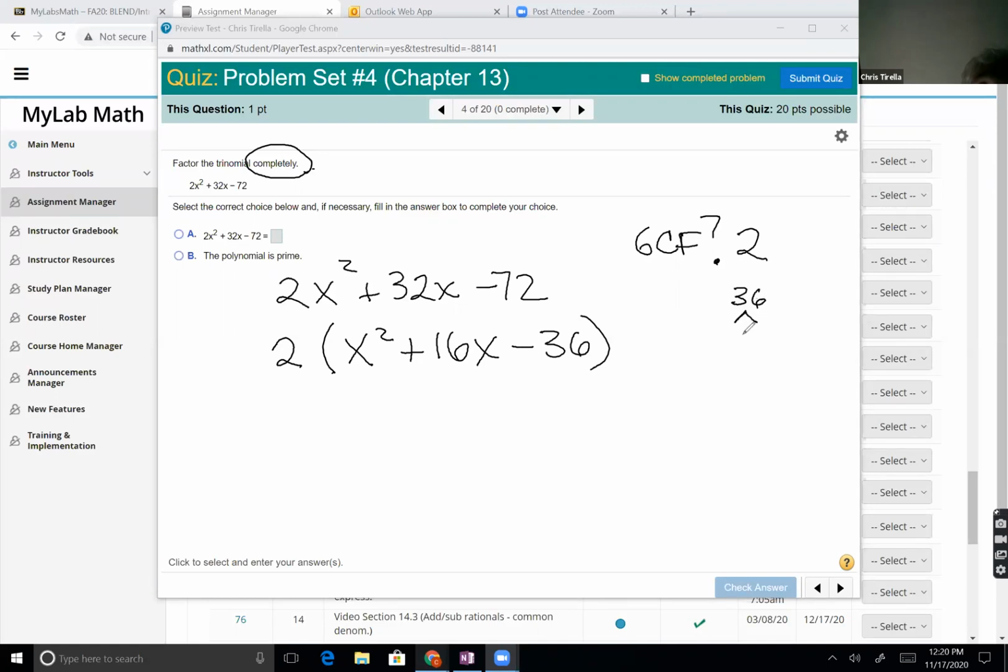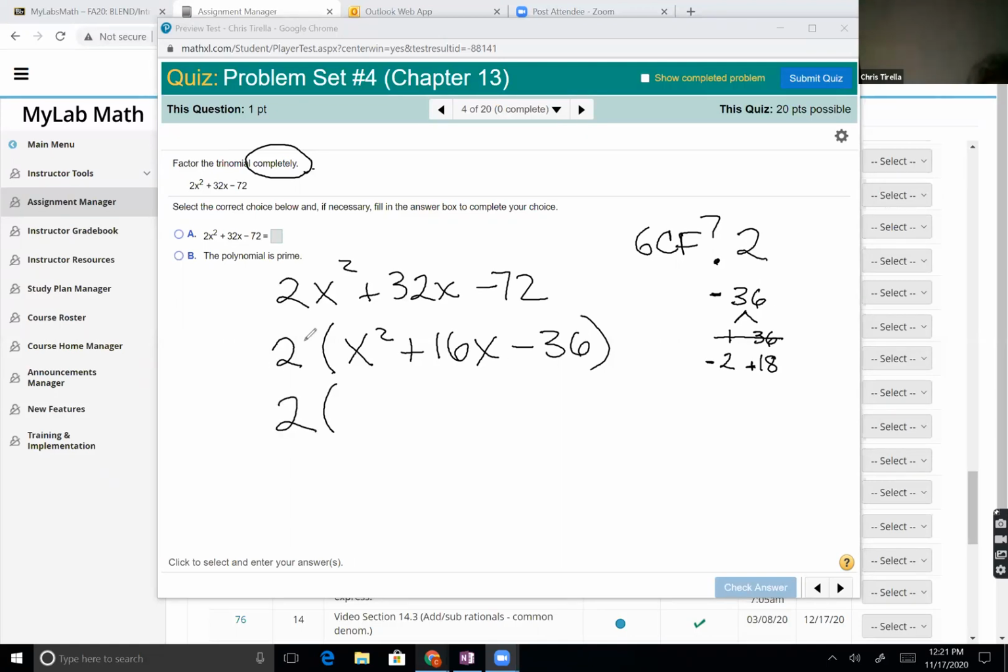I kind of like putting them in order. 36 is 1 times 36. That won't give me 16. It's 2 times 18. Well, with different signs, if I have -2 and positive 18, won't that give me that positive 16 in the middle?